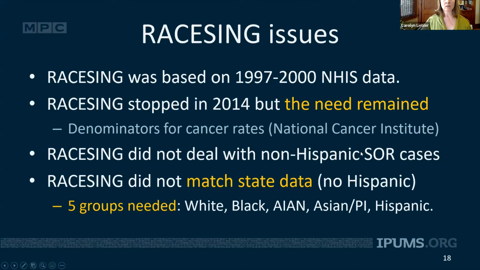And so the National Cancer Institute specifically needed these 5 groups: non-Hispanic white, non-Hispanic Black, non-Hispanic American Indian or Alaska Native, Asian and Pacific Islander combined, non-Hispanic, and then Hispanic. And those 5 groups are consistent with how race groups were defined back in the first federal definition, and really, as a sociologist, pretty consistent with how a lot of Americans think of race actually working.